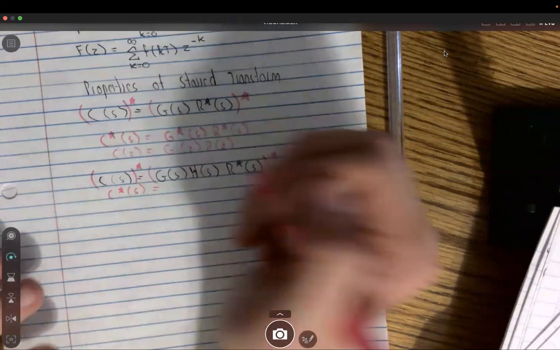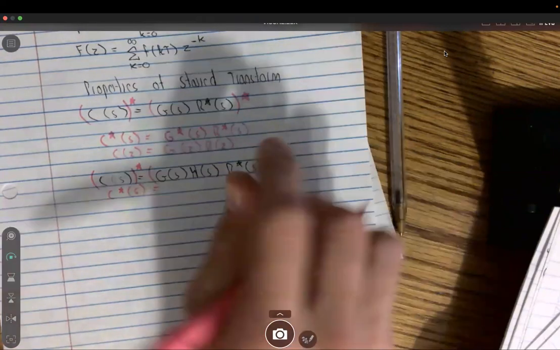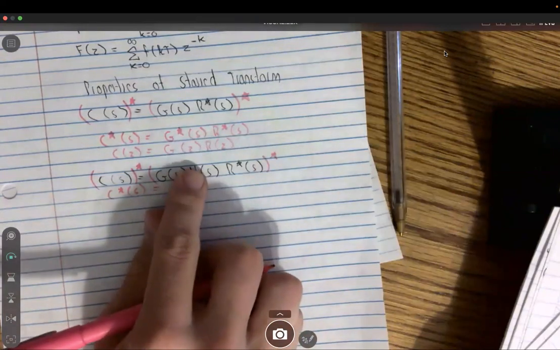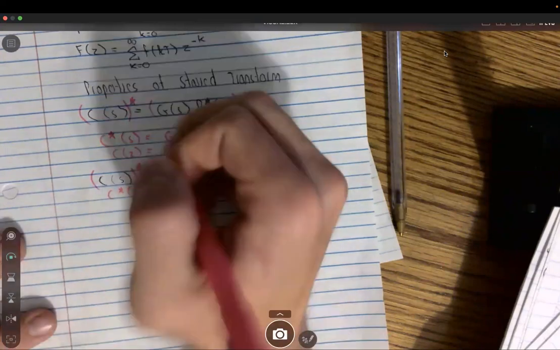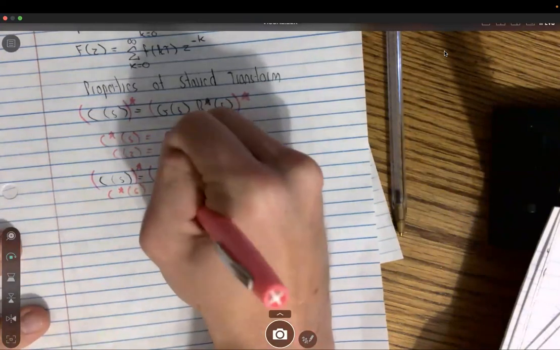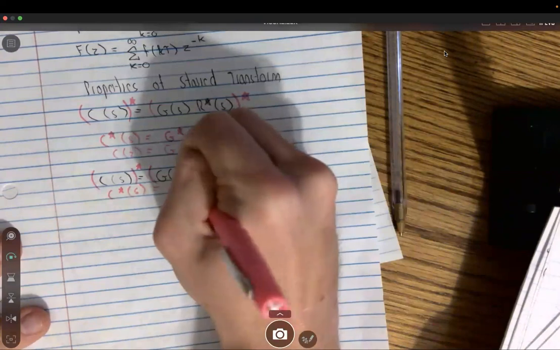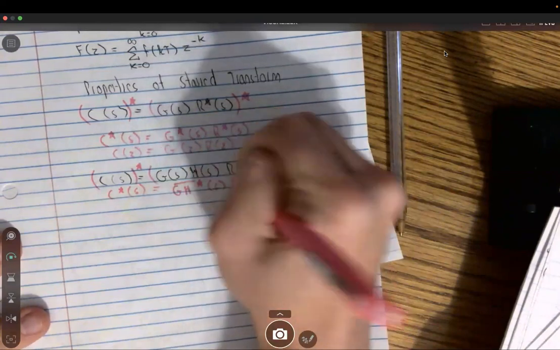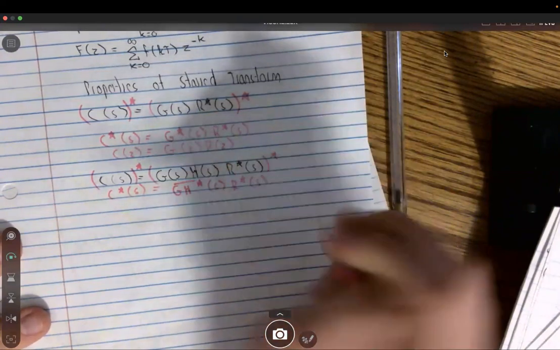It's not distributive; it doesn't go to each term. The star transform goes to both G and H, so it would look like the following.